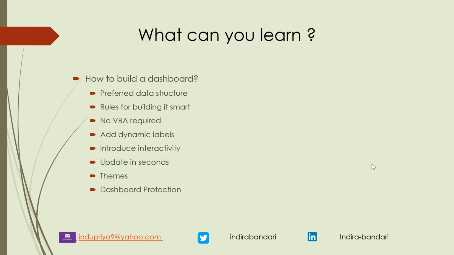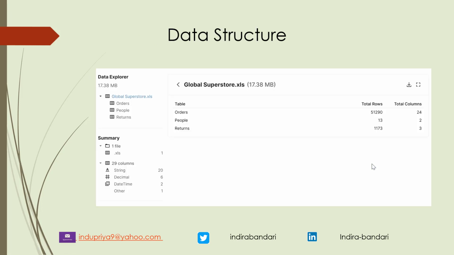So let's talk about the data that we are going to use today. I have picked up this global superstore Excel file. The link will be there in the last slide of the presentation, and I will share this with you. This Excel file has 3 sheets.